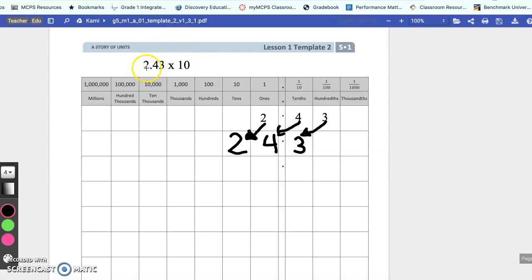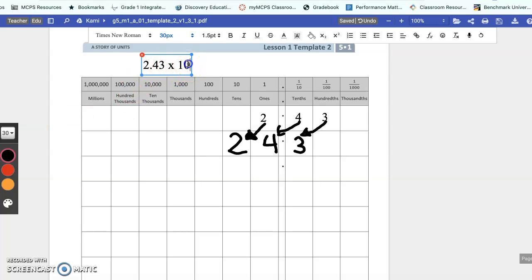So because I have multiplied each of these digits by 10, they have increased by one place value. I no longer have 2 and 43 hundredths. I now have 24 and 3 tenths. 2 and 43 hundredths times 10 is 24 and 3 tenths.